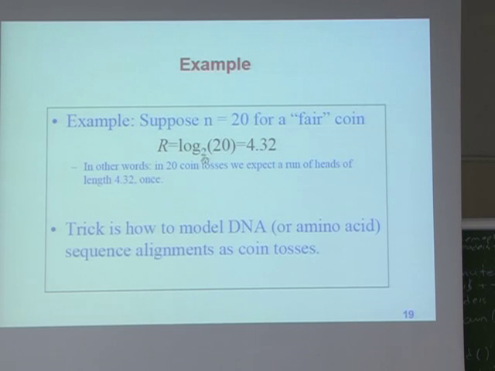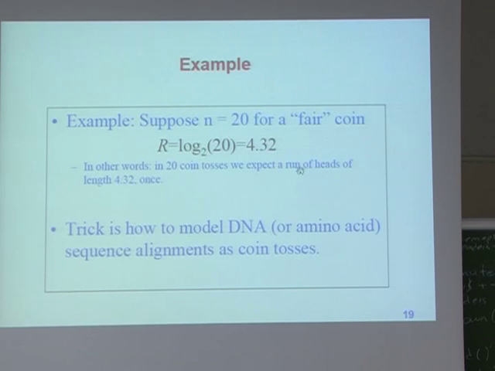Here, log of 1 over 0.5. This P is the probability of observing heads, so 1 over P is 1 over 1 over 2. In log base 2, log of 20 becomes 4.3.